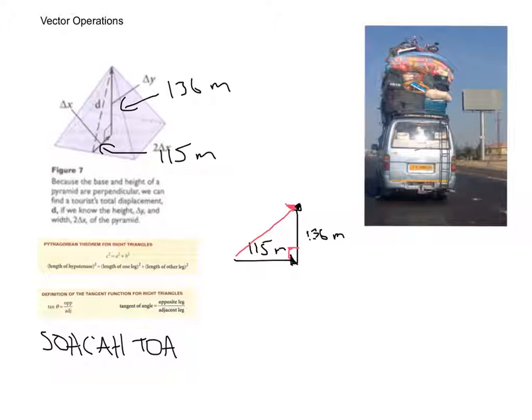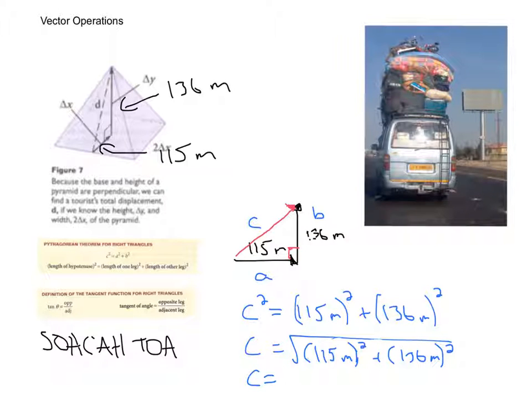And if I label these, this is side C, this could be A, and this could be B. And so using the equation, to solve for C first, I'm going to plug these values into the Pythagorean theorem. So C squared equals the x side, 115 squared, plus the y side, the y component vector squared. And this ends up solving to give us a distance of 178 meters.